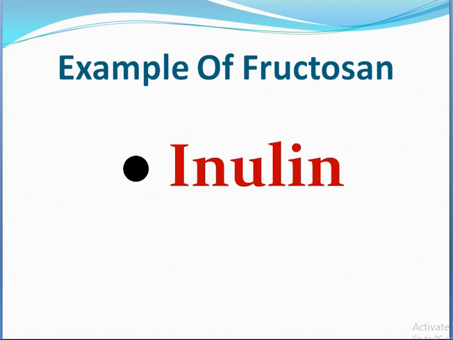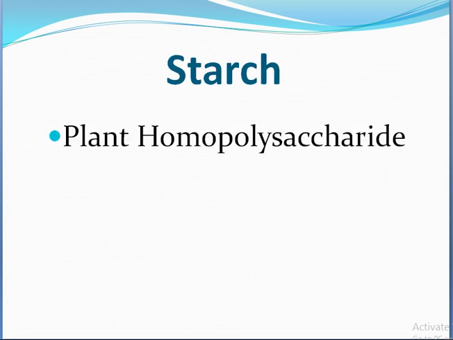Now we move to glucosan, one example of which is starch. Basically, starch is a carbohydrate reserve of the plant, which is the most important dietary source for higher animals, including man.